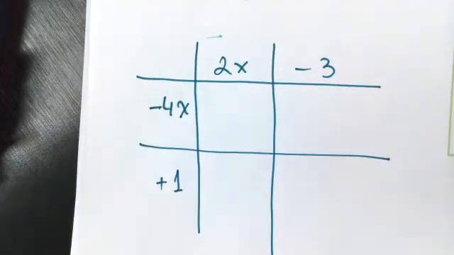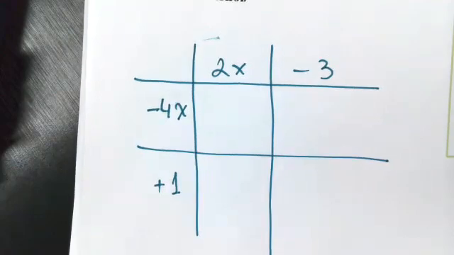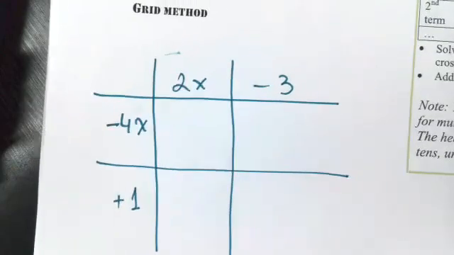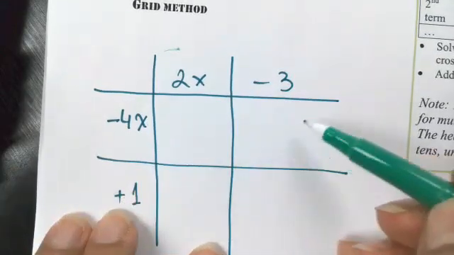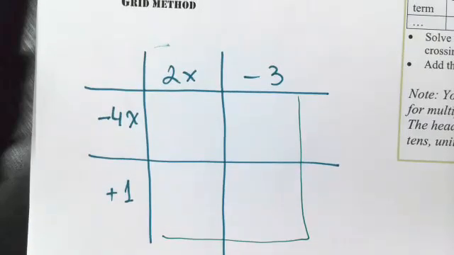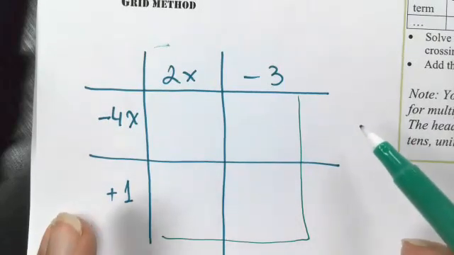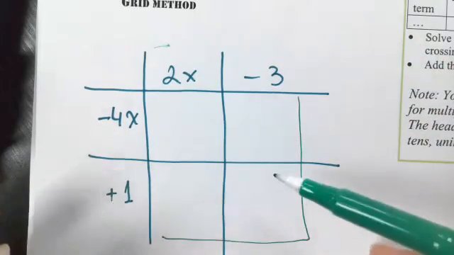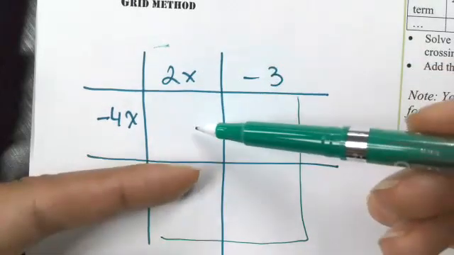And there's our grid. We're doing exactly the same multiplication, the same question. We're going to get the same answer, but we approach it differently. In each of these inside squares, we get our answers to the individual multiplications between each of these terms. So where they meet, you have the answer.